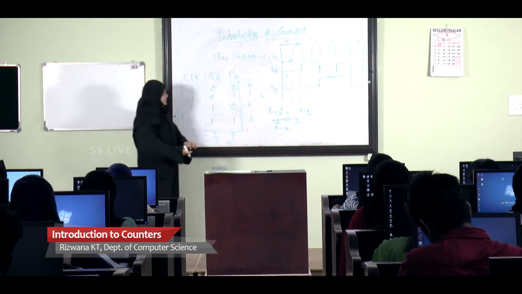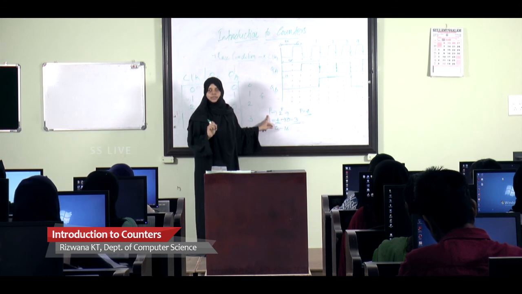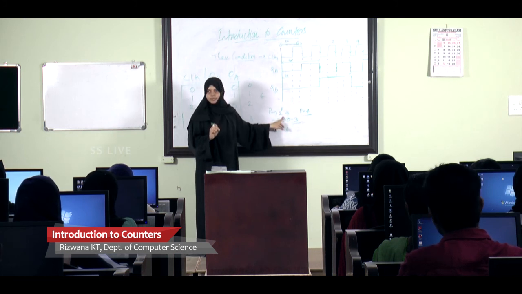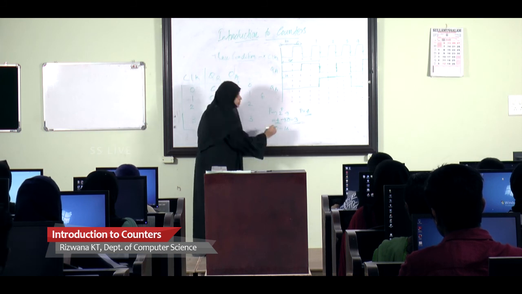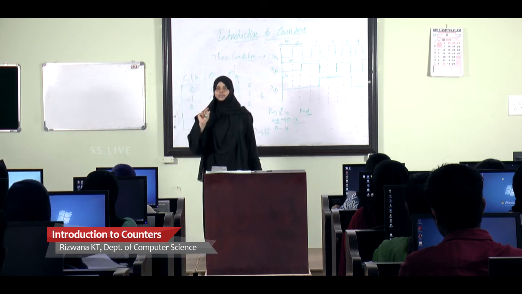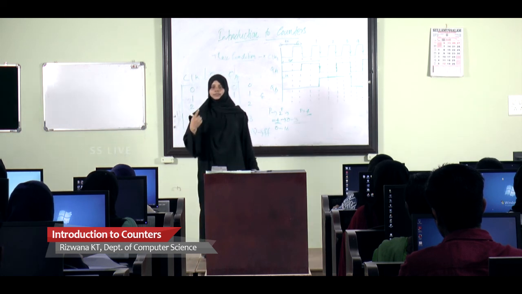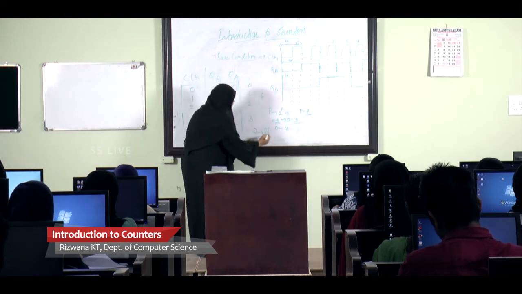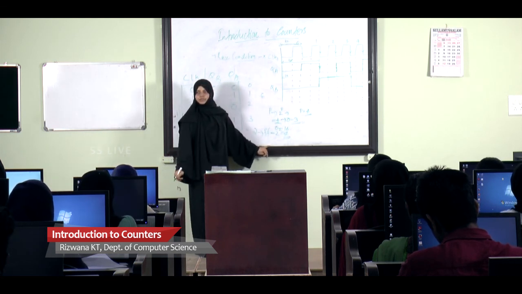We had already seen that if the number of flip-flops is 2, the maximum number of frequency divisions will be 2 raised to p, which is 2 raised to 2. We can count up to 4.